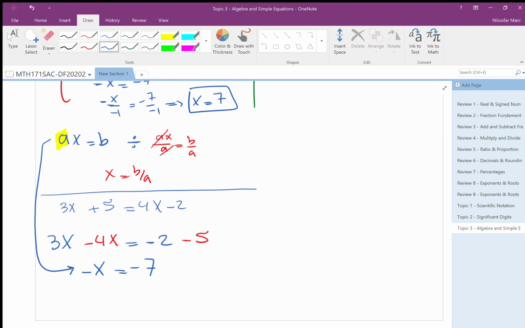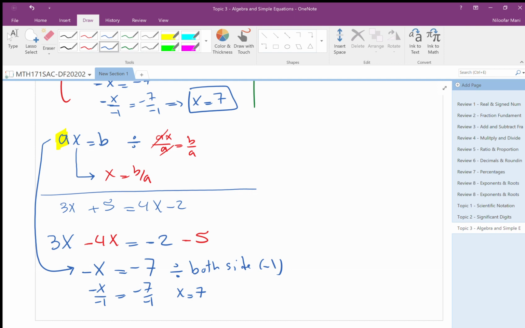So you divide both sides by minus 1. It is minus x over minus 1 equal minus 7 over minus 1. X is 7. Even I can make it easier. When I have this, x is the right side divided by the number which is bothering me and is beside x.